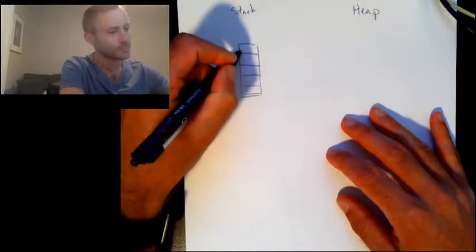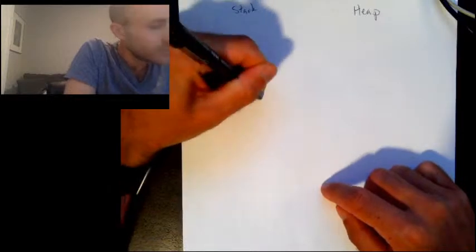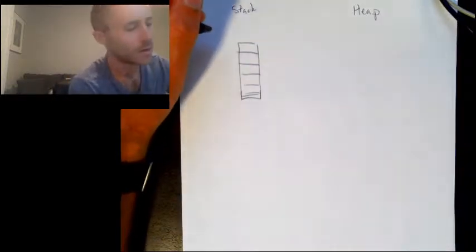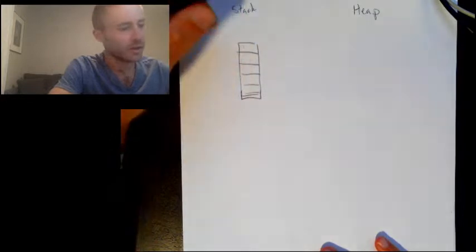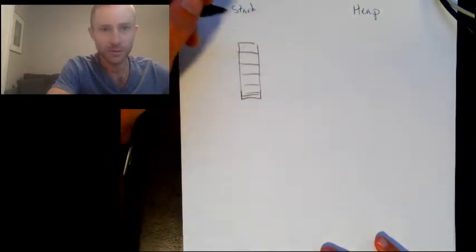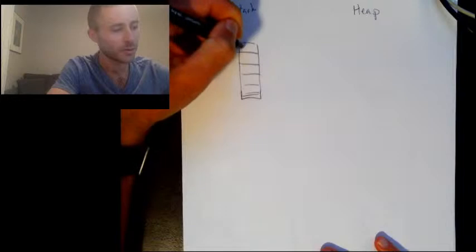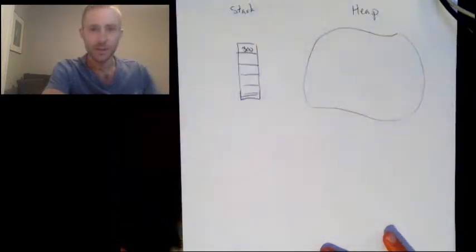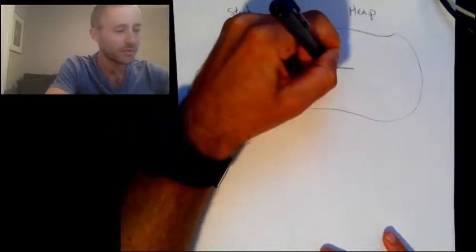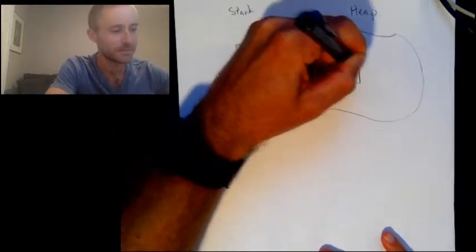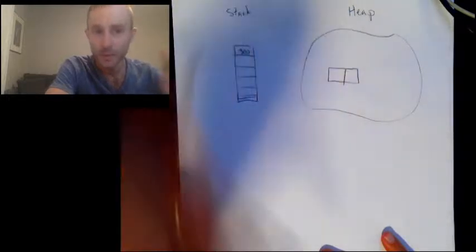So, all right. Let's say that the 0th element of the linked list is stored in memory spot 300. Okay? So what it's going to do in the heap is it's going to create a slot in space 300. Okay? And that slot is going to contain 2 pieces of information.